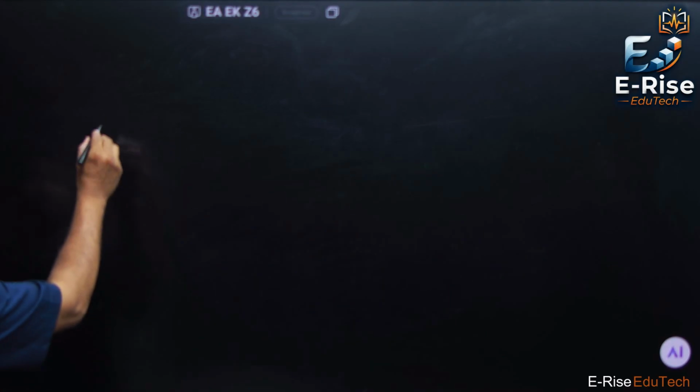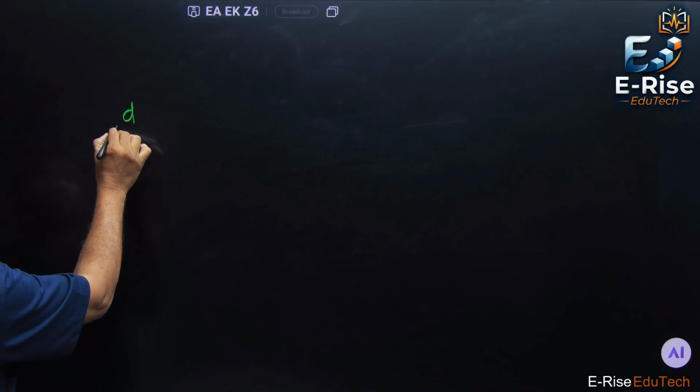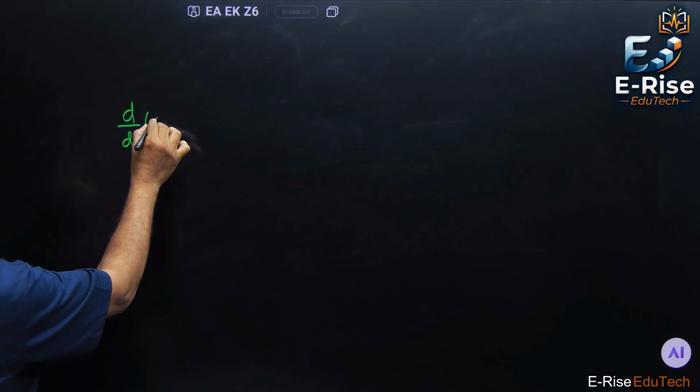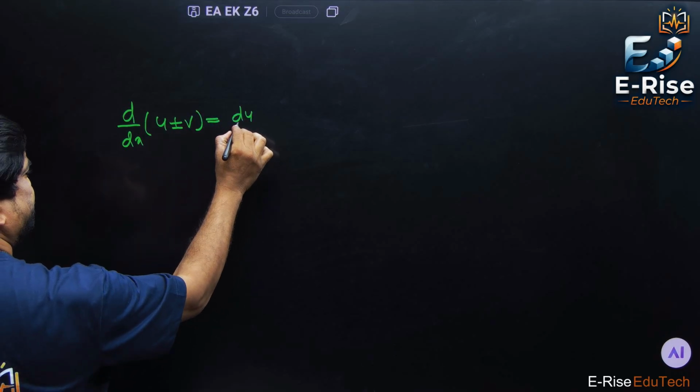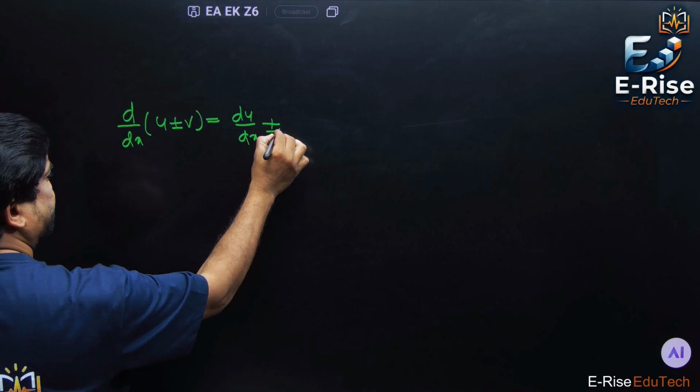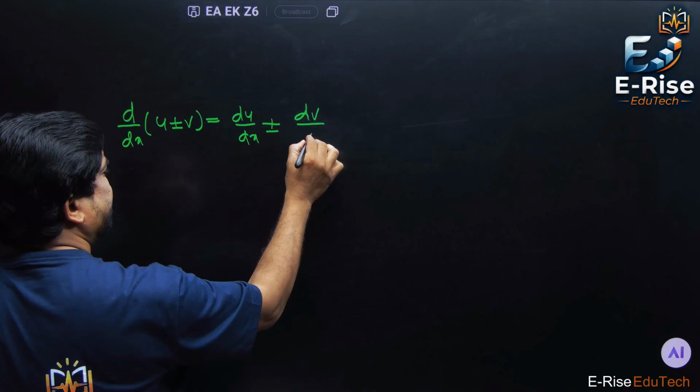Differentiation formula there. See that d by dx of u plus or minus v is equal to du by dx plus or minus dv by dx.